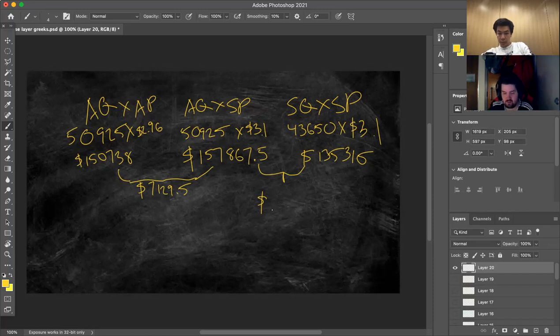Okay, so now are we doing the input price variance? Yep. AQ times AP minus the AQ times SP.